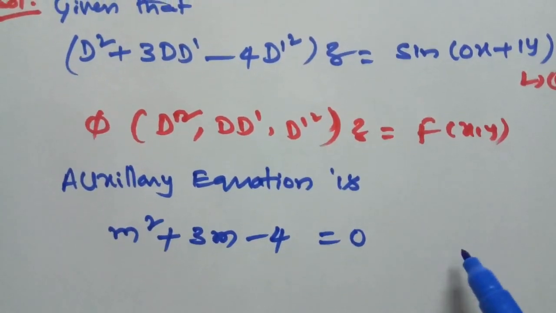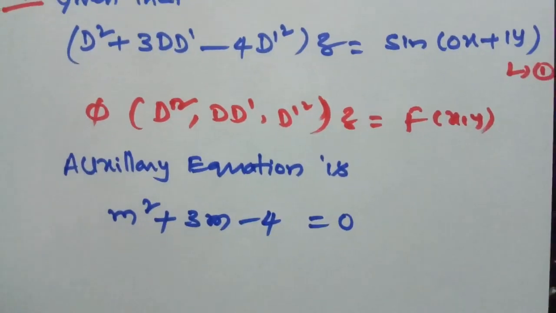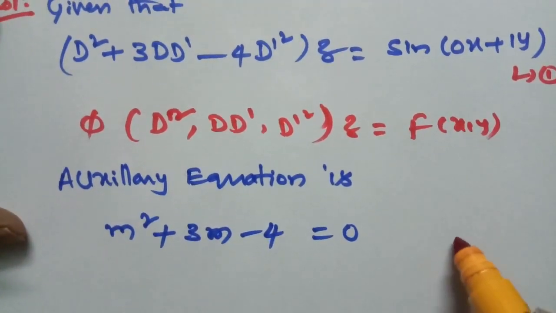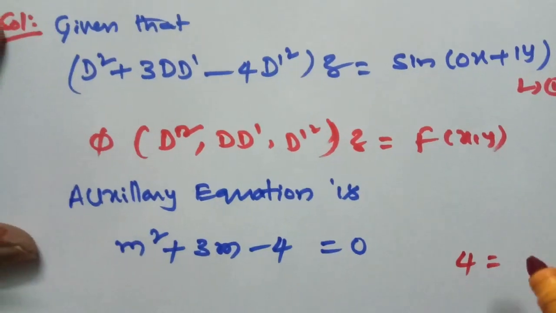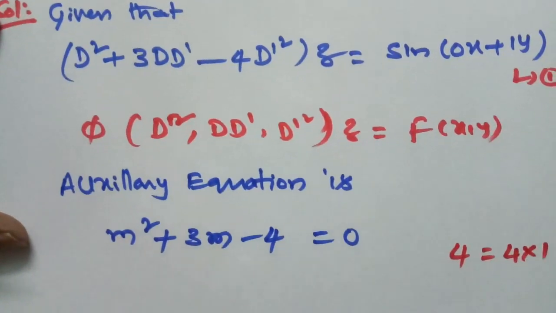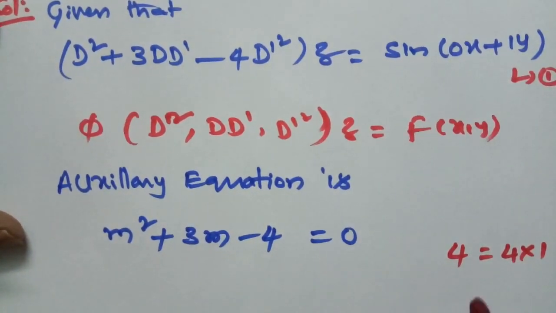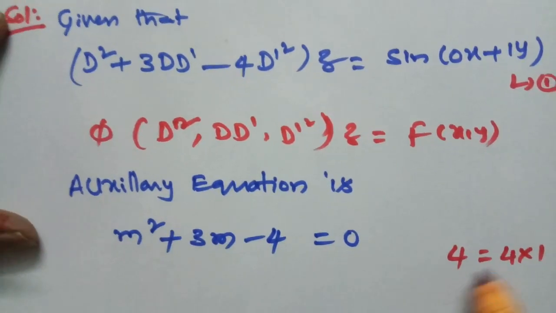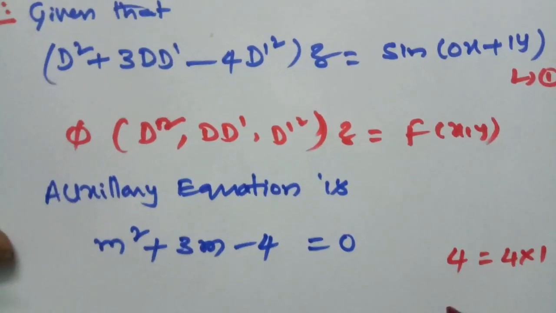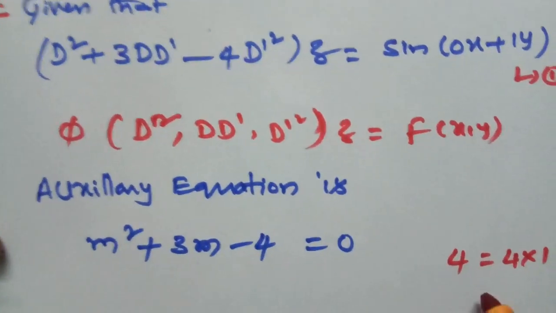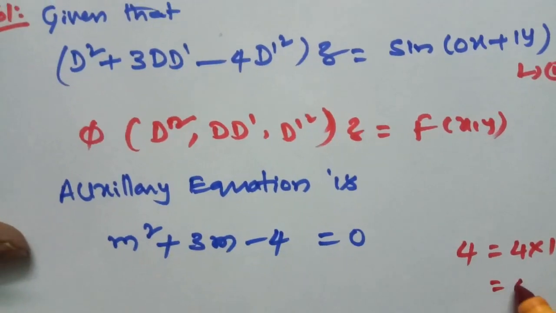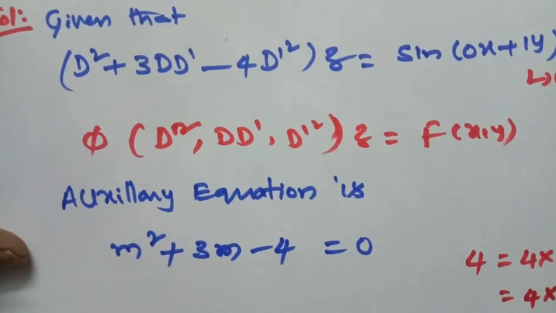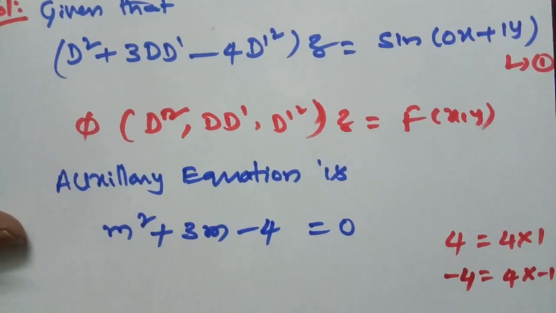So we have to write the factors for 4, that is equal to 4 into 1. So to get minus 4, the product of these two numbers is equal to minus 4. We can write plus 4 into minus 1, we get minus 4.